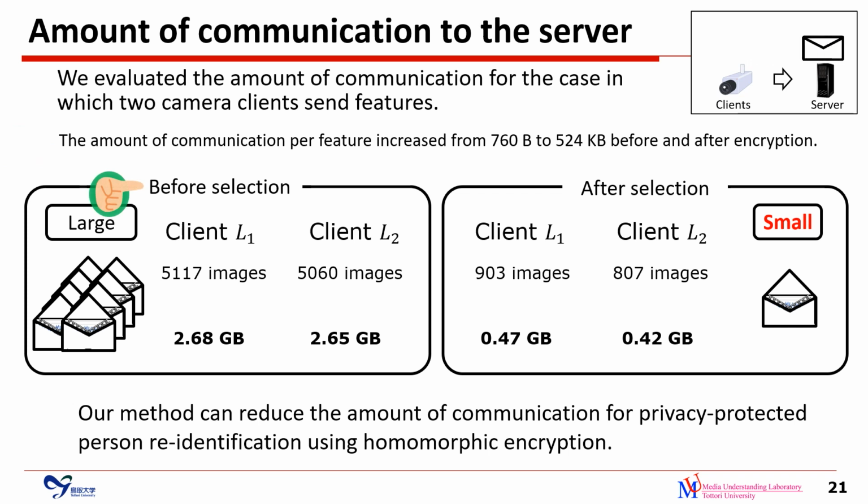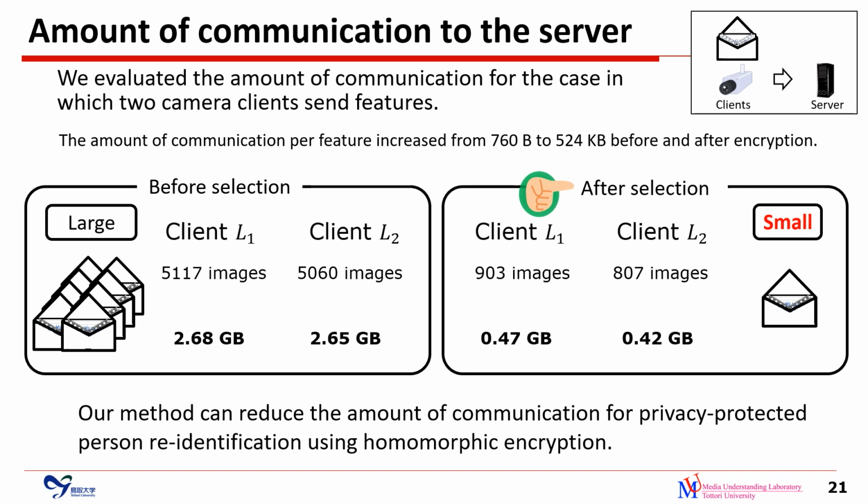The number of detected pedestrian images was about 5,100 for each camera client, L1 and L2. The amount of communication of encrypted features from all images was 2.68 gigabytes for L1 and 2.65 gigabytes for L2.